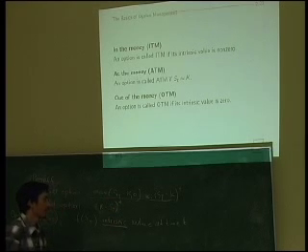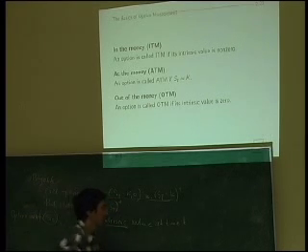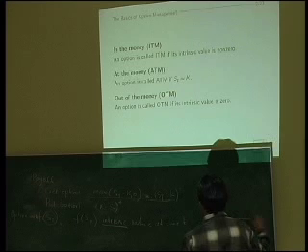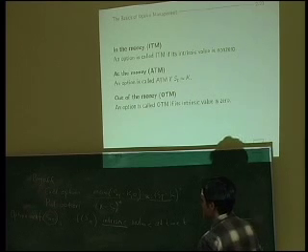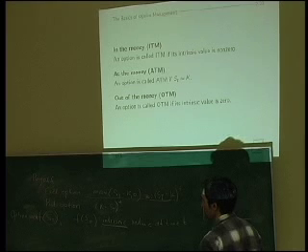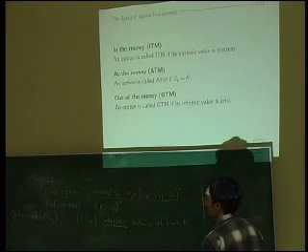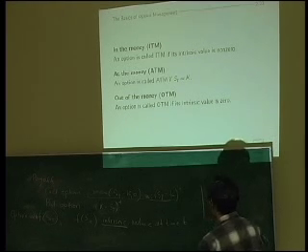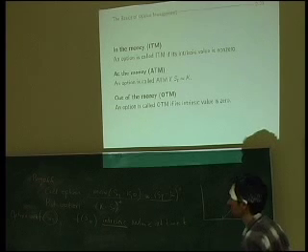Because your payoff, if your stock is below K, you have zero. If your stock is larger than K, you have this one.